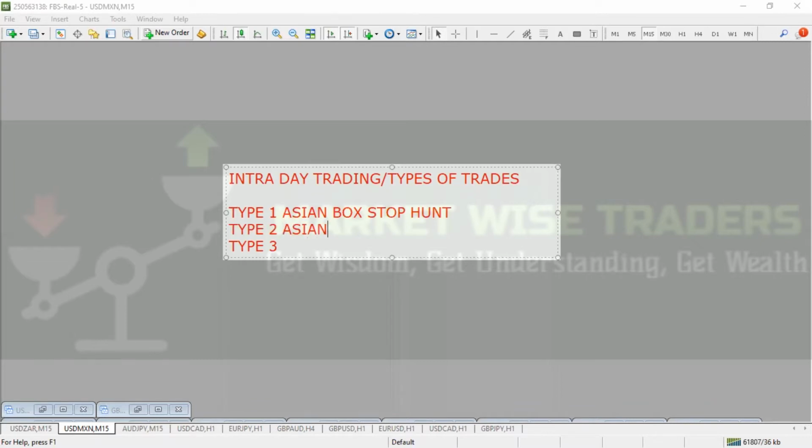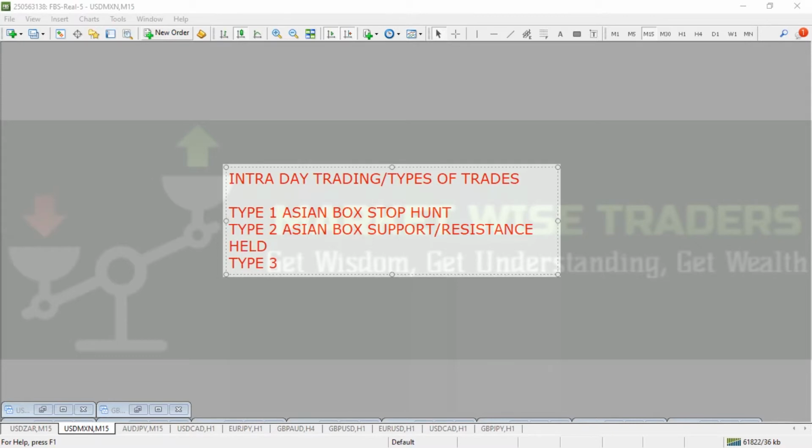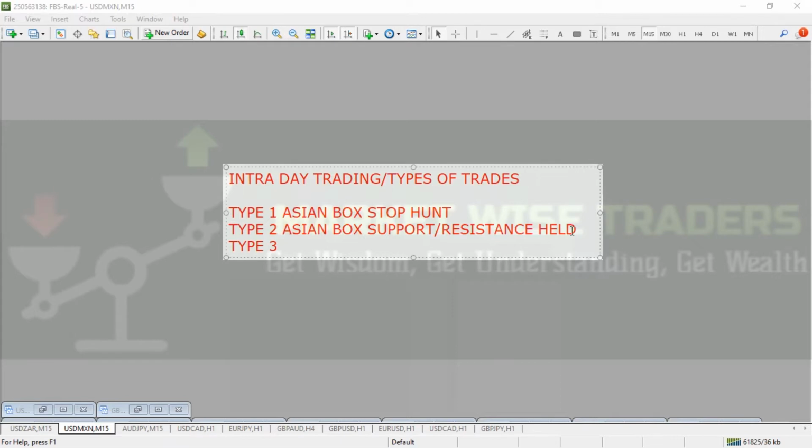Type 2, Asian box support or resistance is held. And then type 3, Asian box, where we get a W or M within the range.